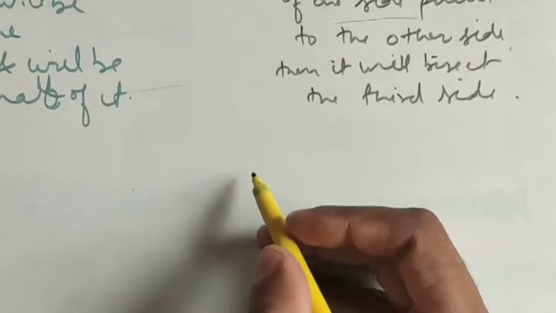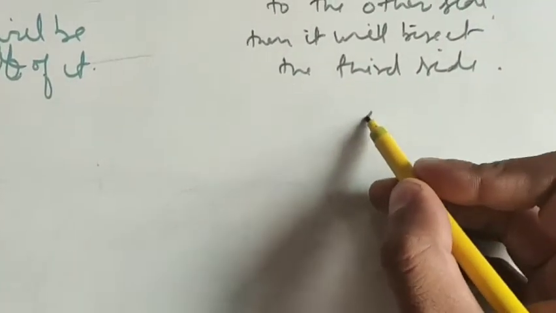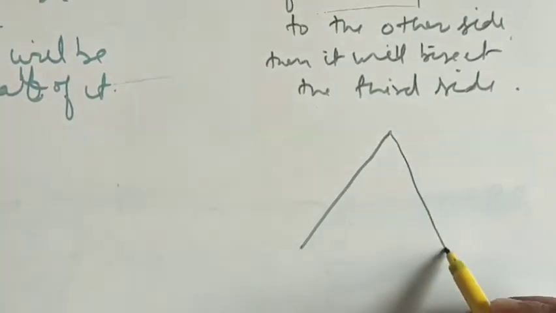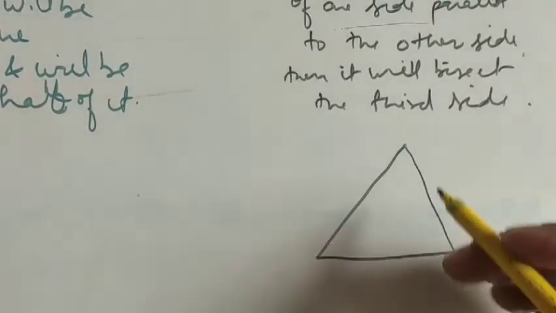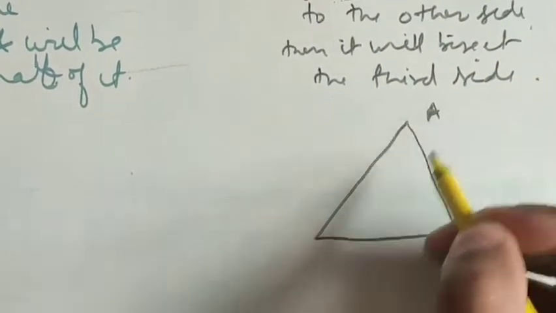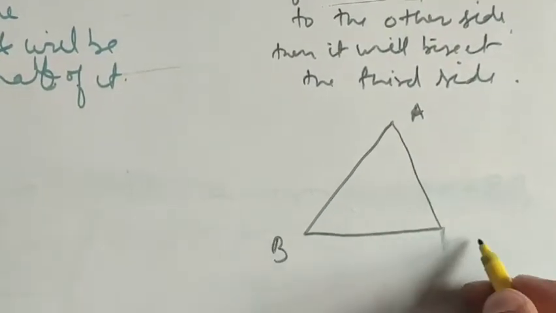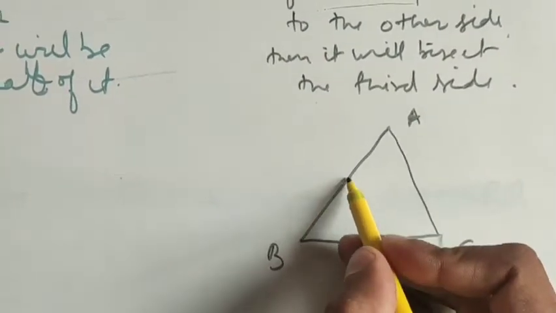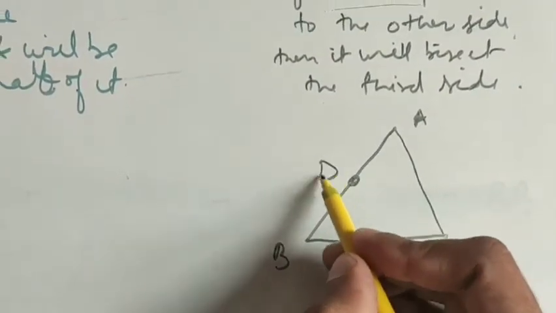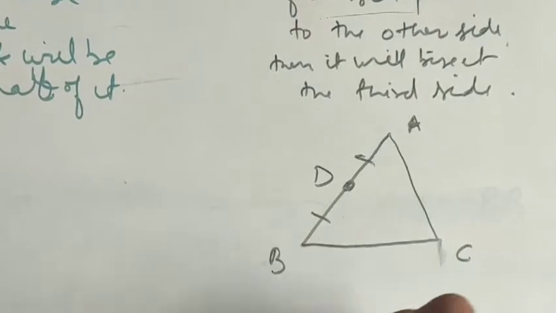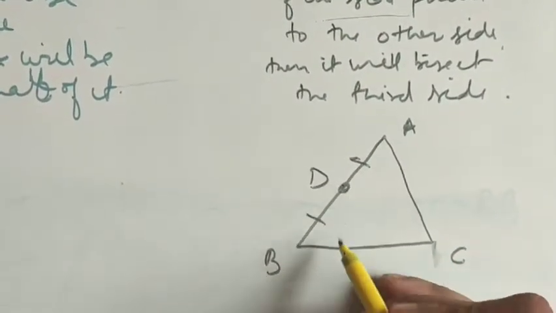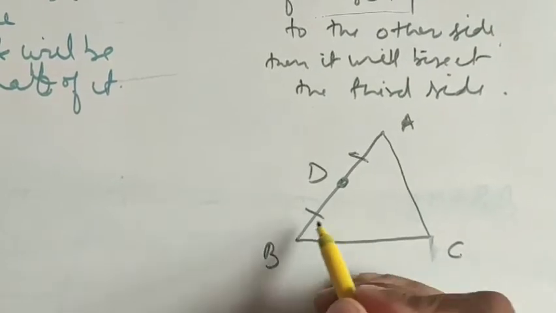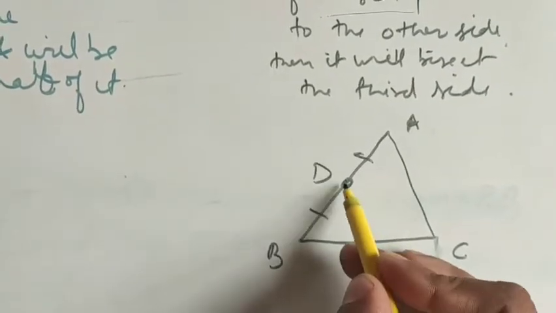What it means is, if we have a triangle, suppose this is our triangle ABC, and in this ABC, suppose this is the midpoint D of AB. From the midpoint of one side, we draw a line parallel to, suppose, BC.